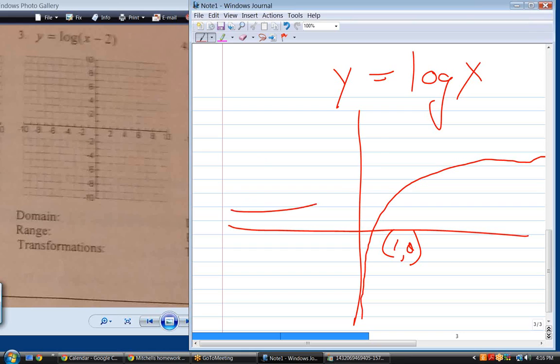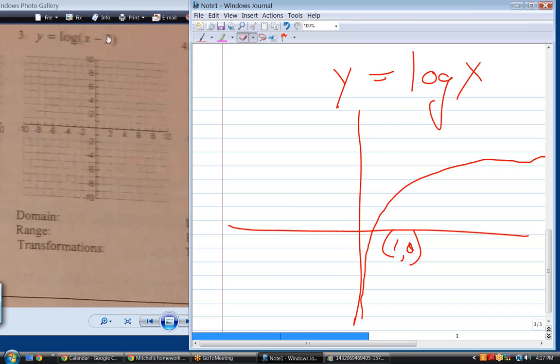So if I was going to draw an exponential function, it would look like that. And the log function is reflected about the line y equals x. Okay, just worth knowing. Don't really have to know it for this problem, but it's very much worth knowing. That's why it goes through this key point, (1, 0), just like the exponential function goes through (0, 1).